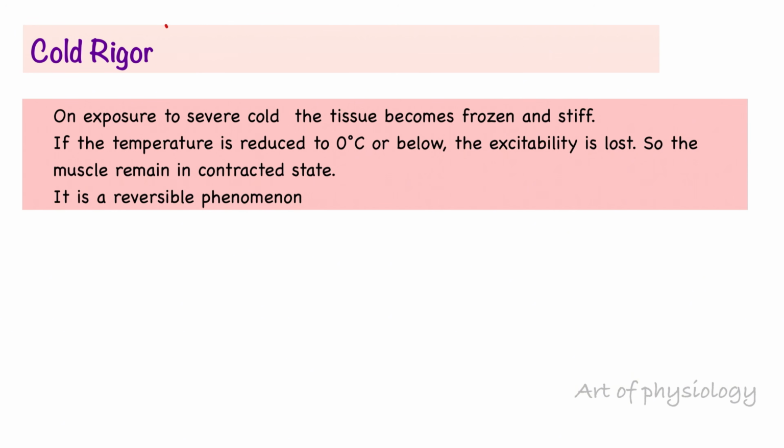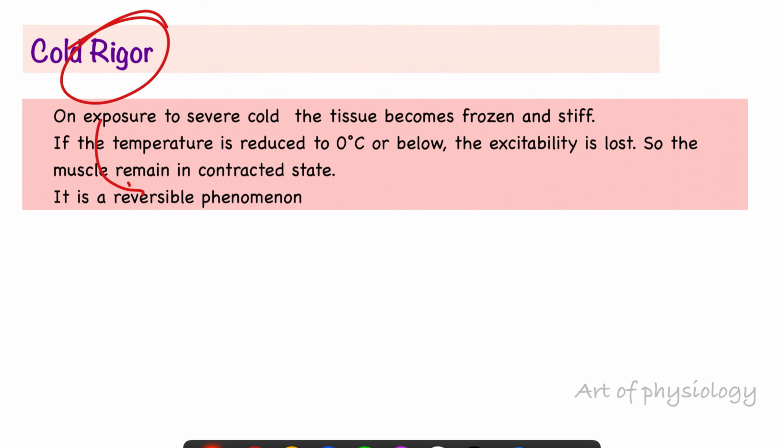But this is not permanent, this is a reversible phenomenon. If we give a warm environment or warm solution to this muscle fiber, it will be back to the normal state. So cold rigor is a reversible phenomenon and heat rigor is an irreversible phenomenon.